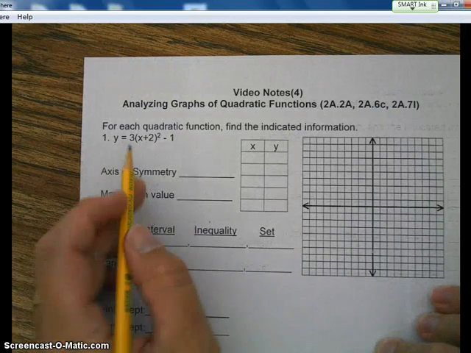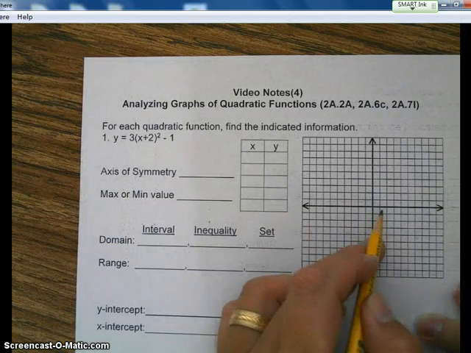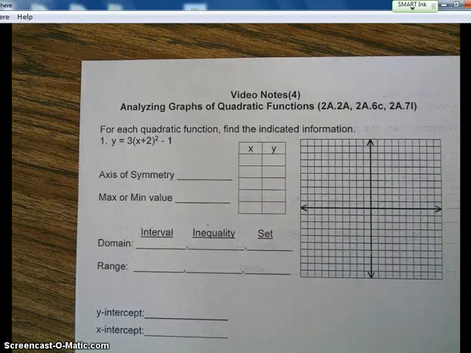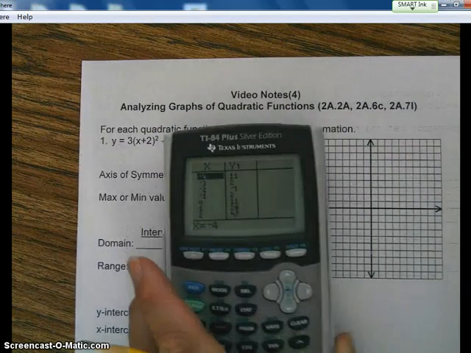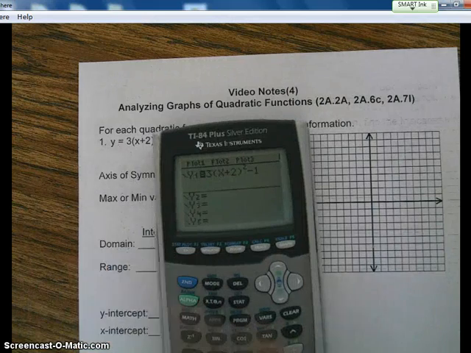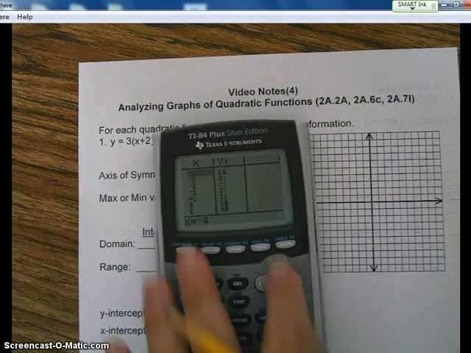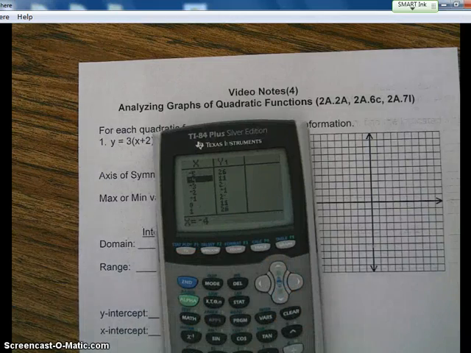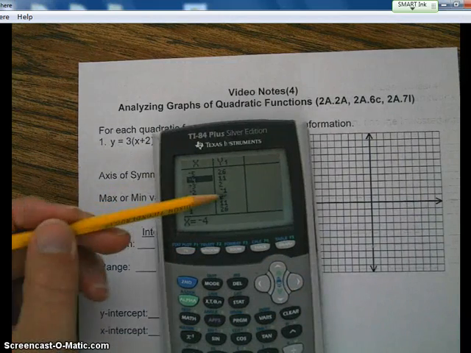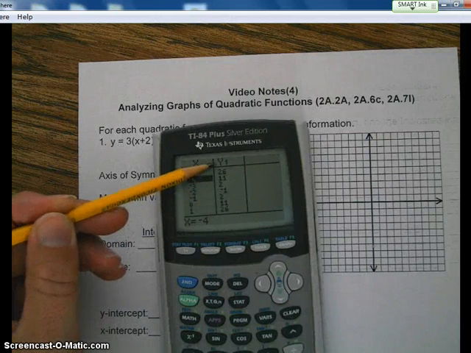Okay, so first things first, let's go ahead and get a table and let's get a graph on this. What I did was I put the equation into y equals, and then I did second graph to get to the table, and I moved my table around until I could see the vertex. And you remember, a parabola is symmetrical, so you're going to see symmetry under the y.